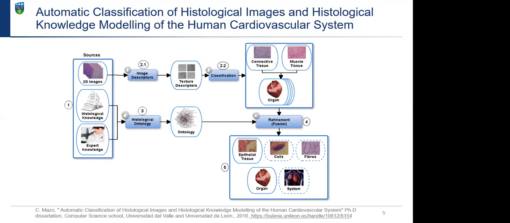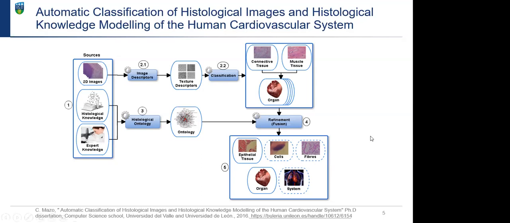Finally, with an ontology, we could make induction or a reasoner to obtain new knowledge applying logical mathematics. So this is a very powerful way to use machine computing. And at the end of this proposal, we refine a process based on the image classification, mixing with the histological ontology.